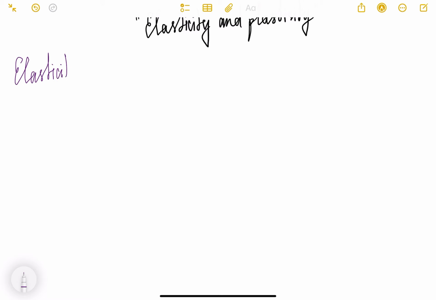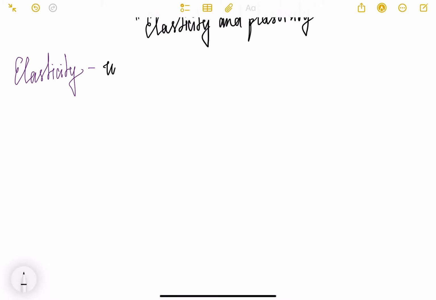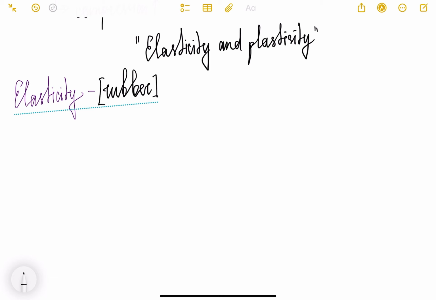Elasticity. Elasticity is rubber. Rubber. Example. This is an example. Elasticity is hard to explain.